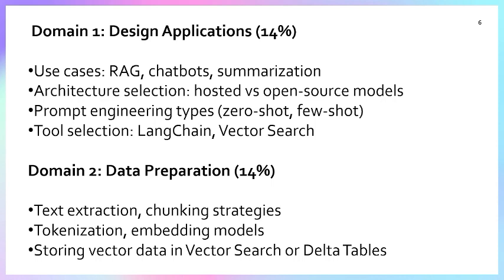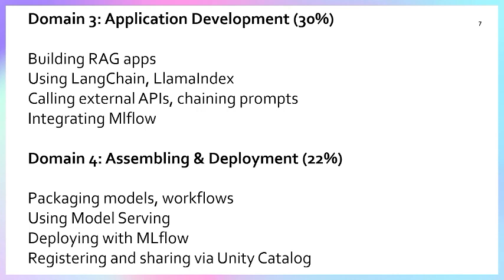Domain 2, which also covers 14%, is data preparation: text extraction, chunking strategies, tokenization, embedding models, and storing vector data in vector search or Delta tables. Domain 3 is application development, which covers 30%: building RAG apps using LangChain and LlamaIndex, calling external APIs, chaining prompts, and MLflow integration.